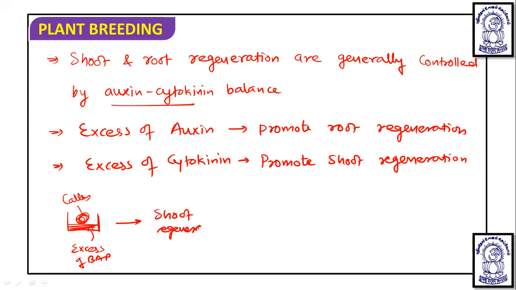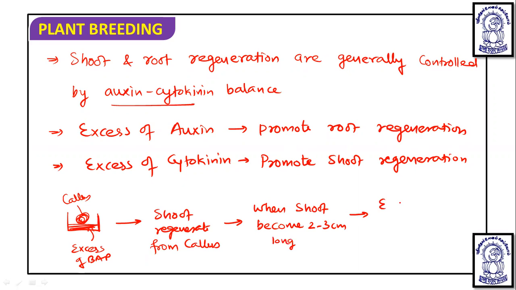Shoots should regenerate from the callus, and when the shoots become 2 to 3 centimeter long, they are excised or removed from the culture plate and transferred to an auxin containing medium.